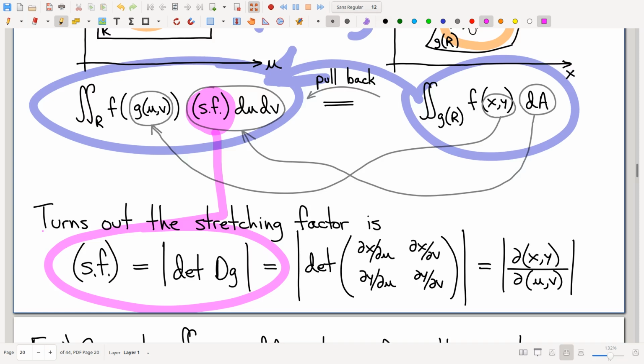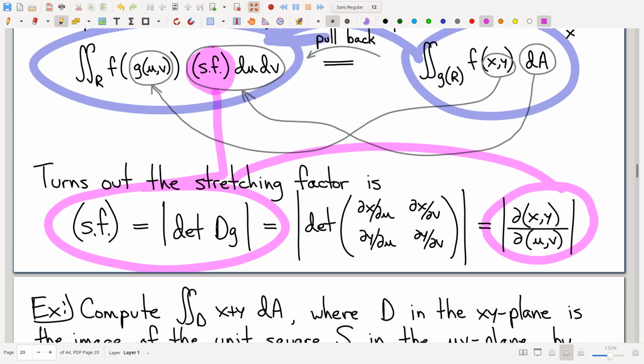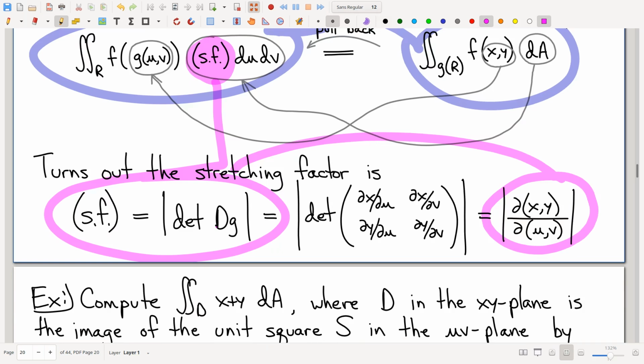Okay, so the absolute value of the determinant of the derivative matrix is our stretching factor. And then don't forget, we also observed this alternative notation, which is very handy, very convenient in multiple ways. And we're going to see it pay off pretty big today. Okay, so this is about where we were. Hope this all rings bells.